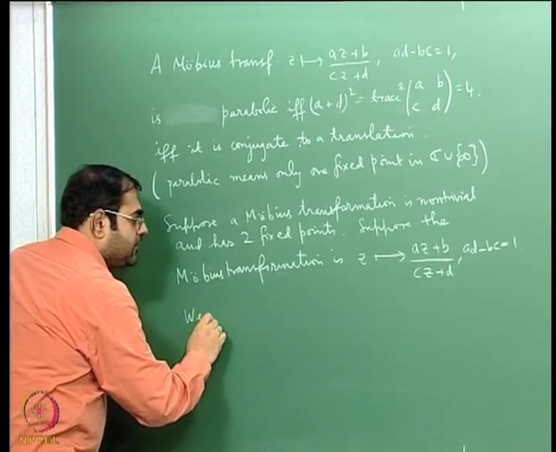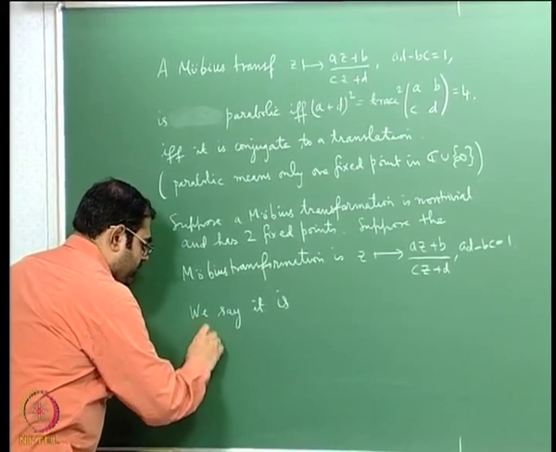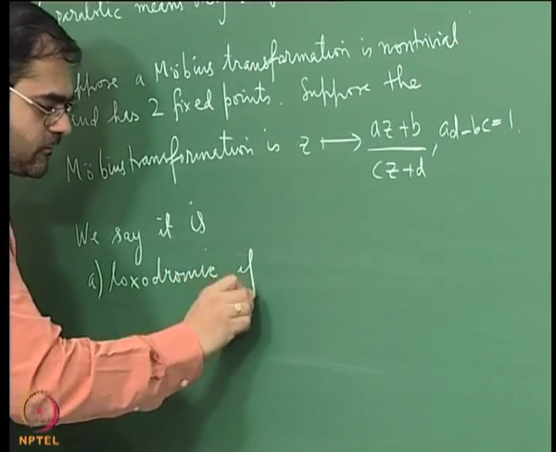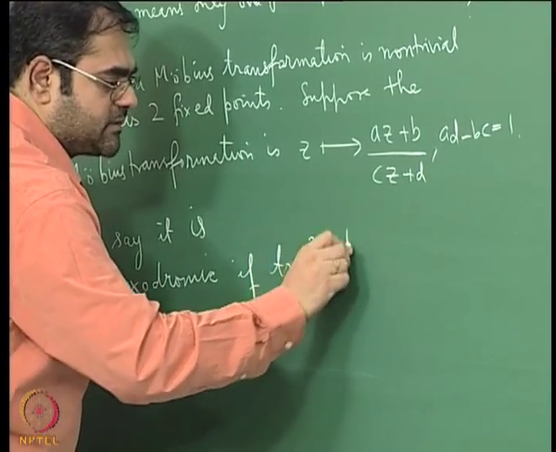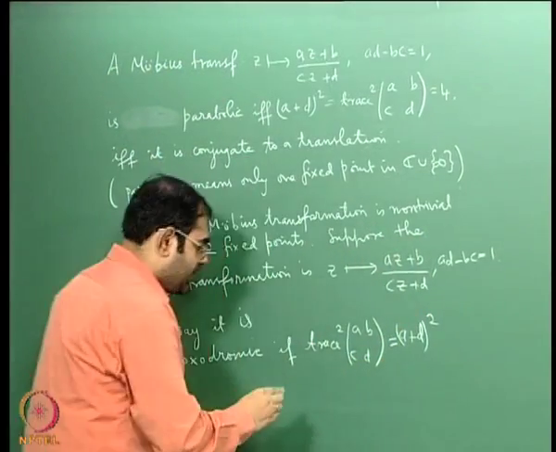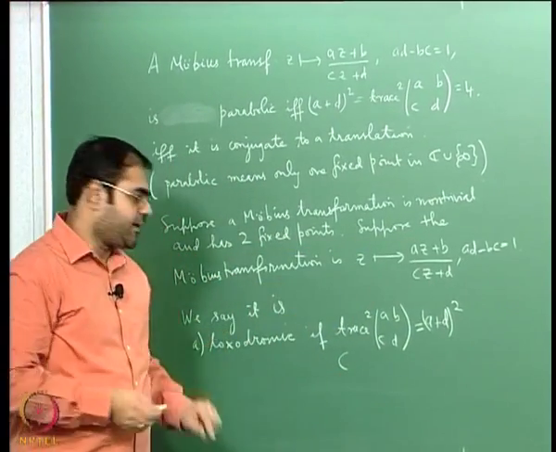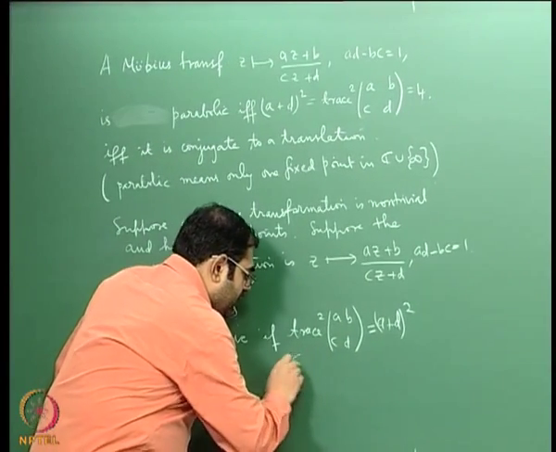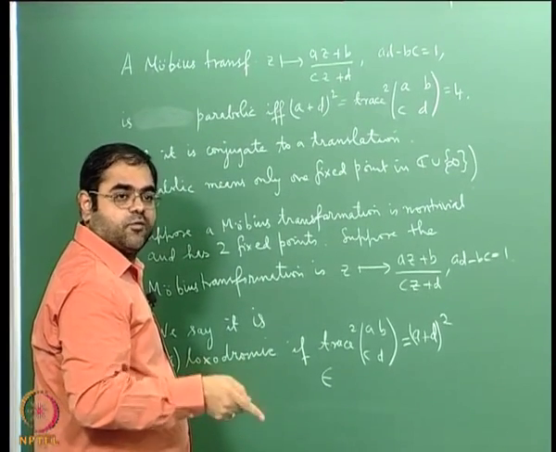We say it is loxodromic if the trace squared of abcd, which is (a + d) squared, is a complex number, mind you a, b, c, d are complex numbers, which is not a real number lying from 0 to 4.